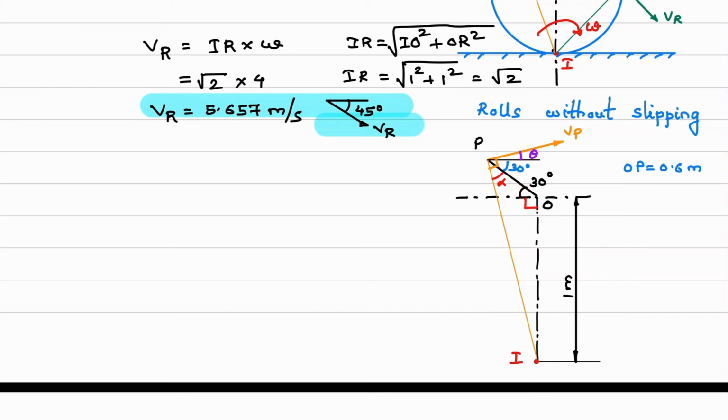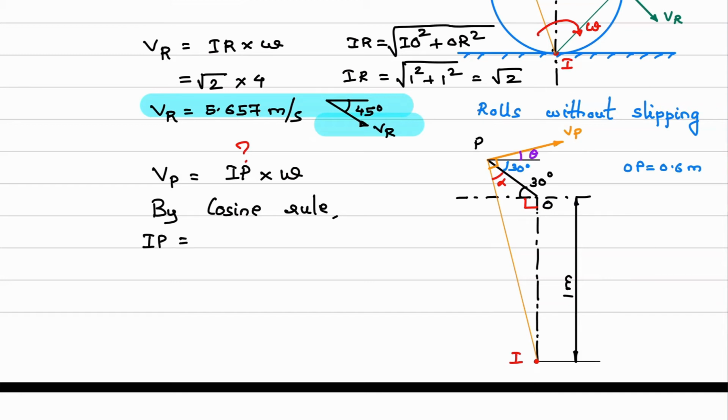So Vp, it is equal to IP into omega. We don't know the value of IP. In order to calculate IP by cosine rule, what we can write?